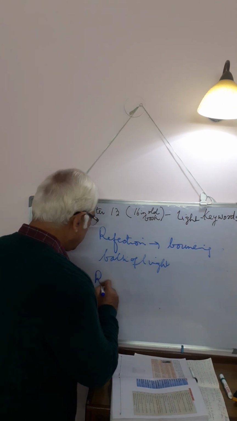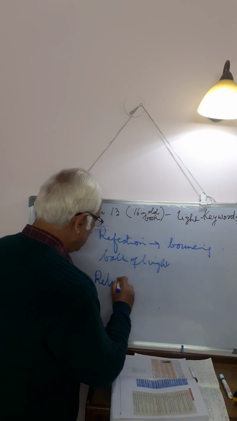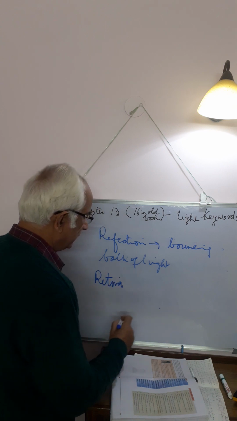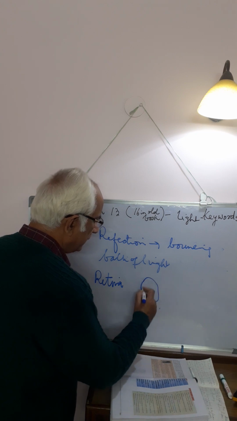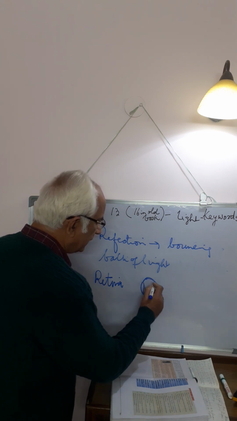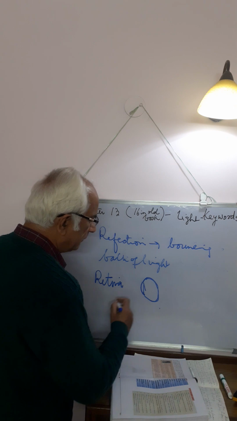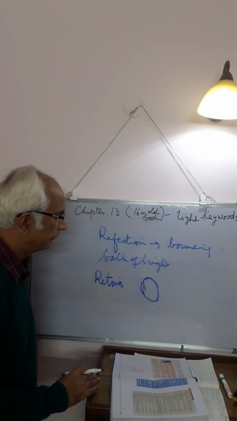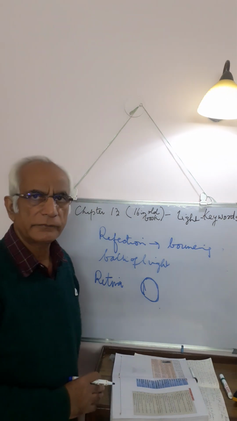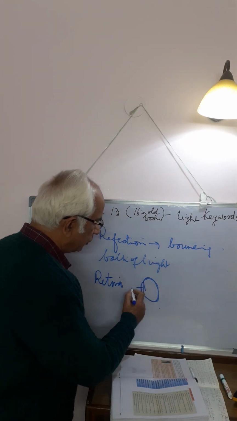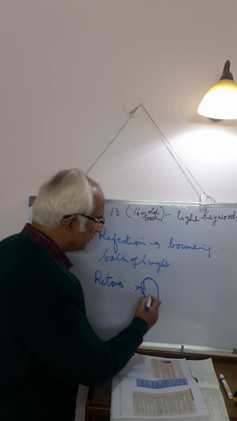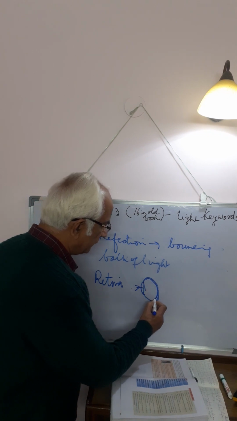Now we come to retina. Retina is the inner lining of the back side of the eye. This is the front side, cornea, and pupil through which light enters our eyes, and this is the back side of the eye.